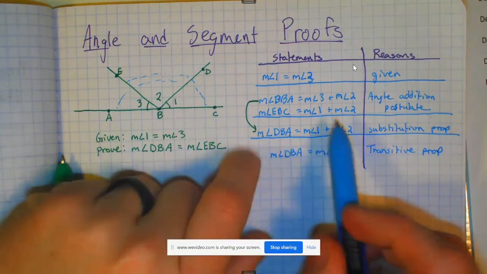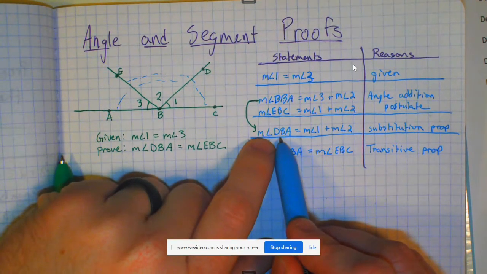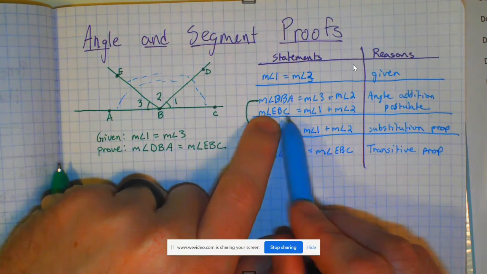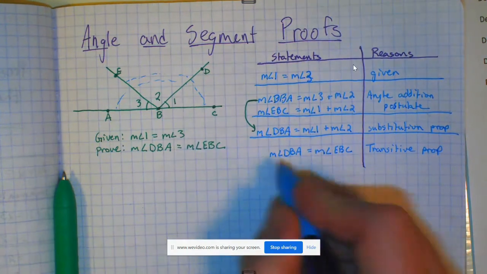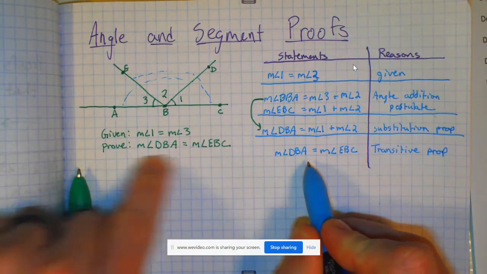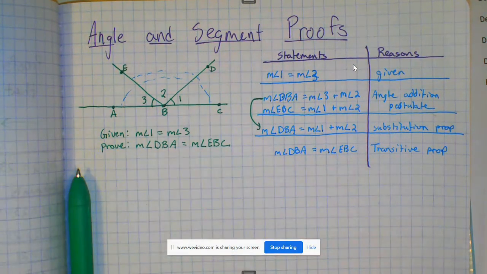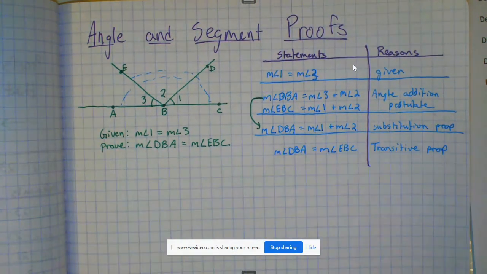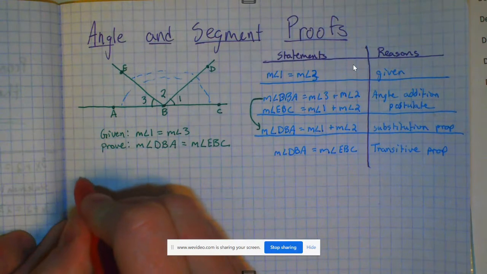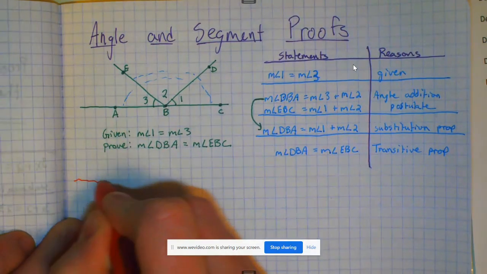Because I went from DBA to 1 and 2, 1 and 2 to EBC. Now this is what I wanted to prove, so I'm done. We are finished.